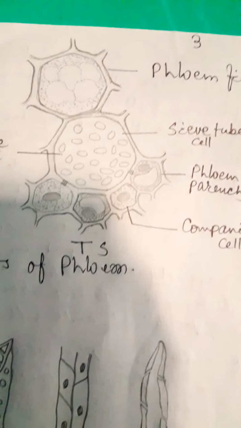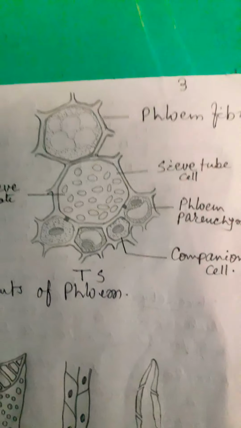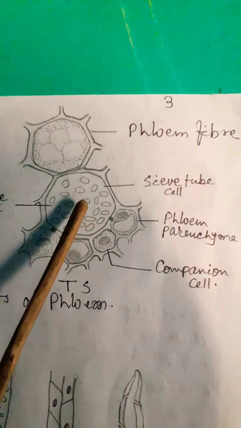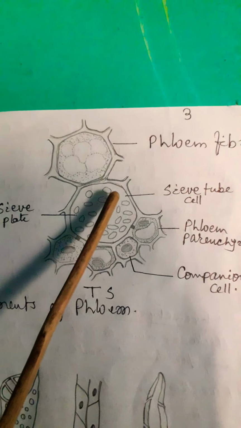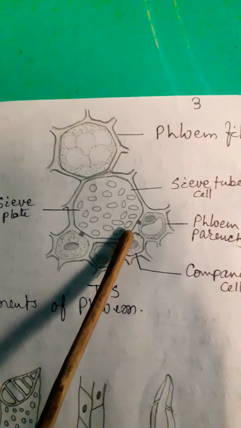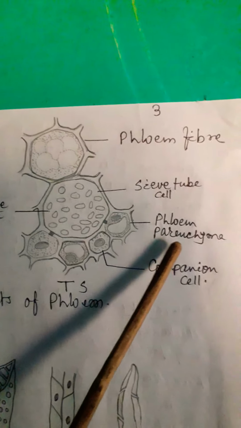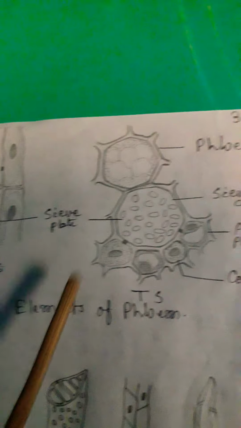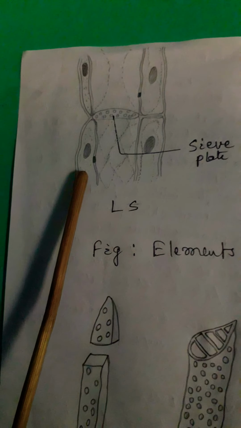Here is the transverse section of the phloem tissue, and in the transverse section you can see the sieve tube plates, where you can see fine pores through which the transported food material manufactured by the plant is transported, and in association with this sieve tube there are phloem parenchyma, companion cell and phloem fiber. This is the transverse section of phloem tissue and this is the longitudinal section of phloem tissue.